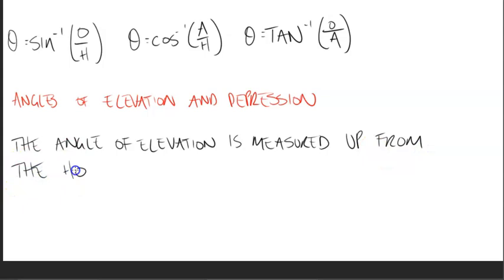And the horizontal is just a direction of a line that goes across from left to right. So horizontal, opposite of vertical. So the angle of elevation is measured up from the horizontal. So we start at the horizontal and we move up, and wherever the trajectory of the line goes, this angle here would be the angle of elevation going up.